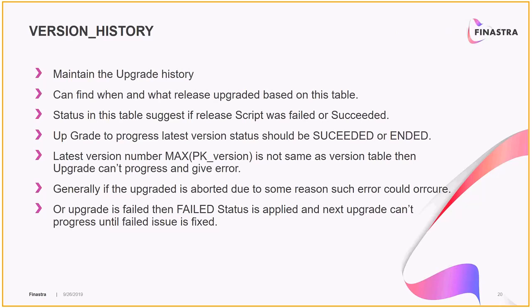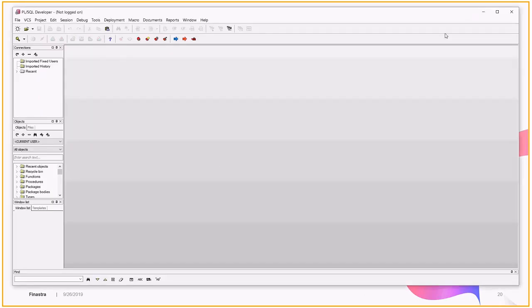While the upgrade script is executing, it has inserted a row in the version history but has not updated the version table, and in between the upgrade is aborted for some reason, such a version history difference could come. Or if a version has failed for some reason, the next upgrade can't progress, like here.